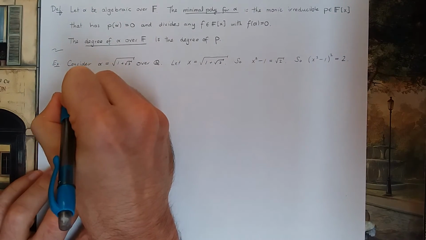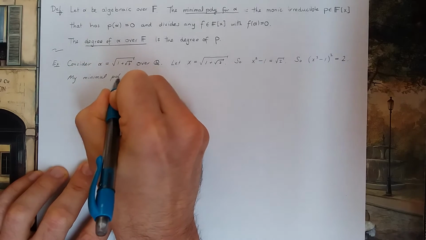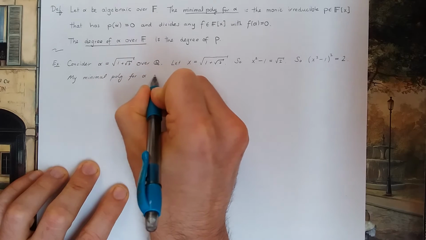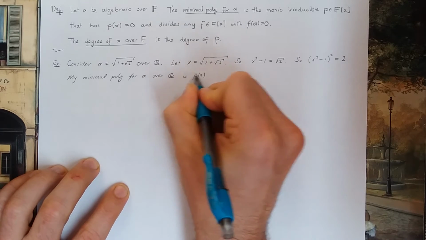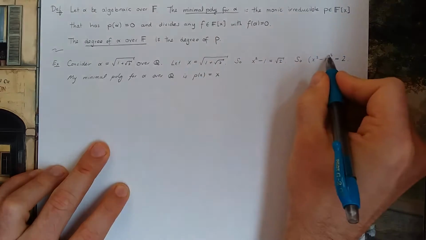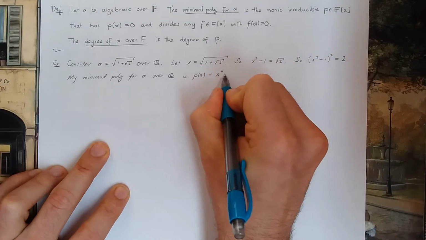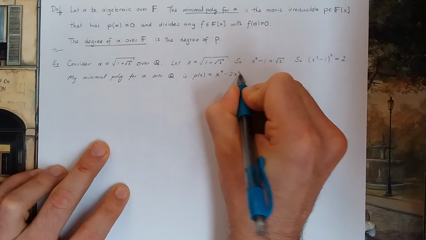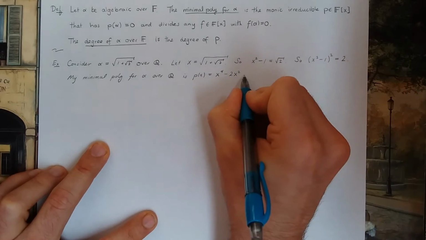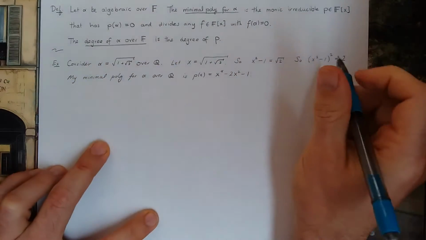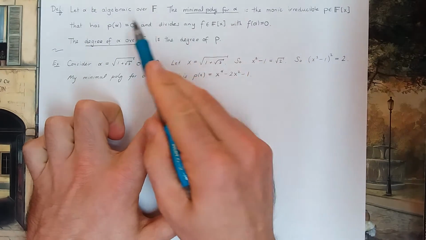So my minimal polynomial for alpha over Q is, I'm going to take p of x to be x to the fourth, so I'm going to expand this, x to the fourth minus 2x squared, and then I'm going to have a plus 1 and subtract 2 on the other side to get minus 1. Now what I've done is, by construction, create a polynomial that has alpha as a root.